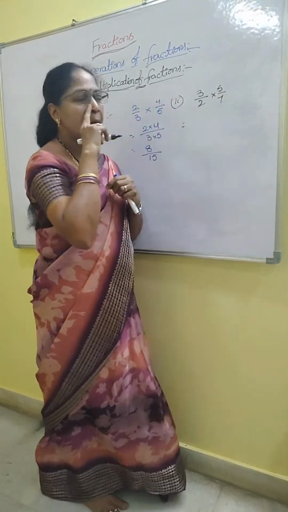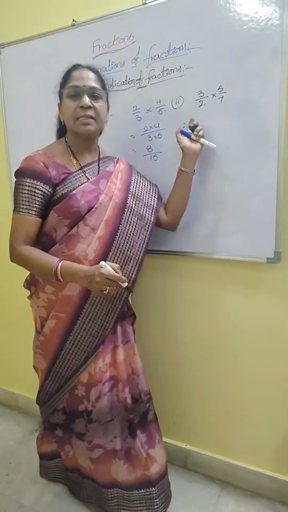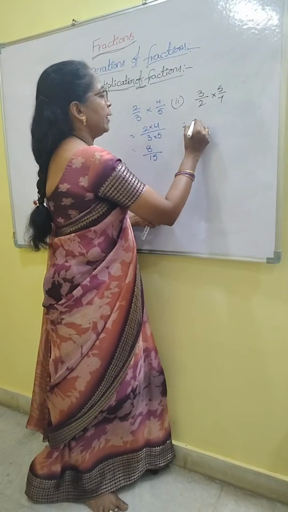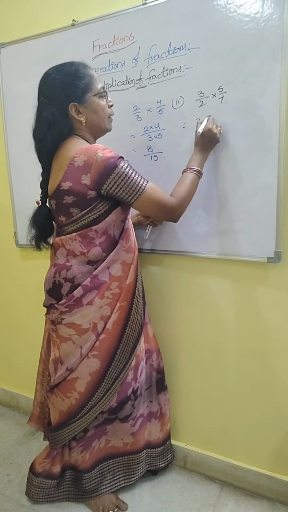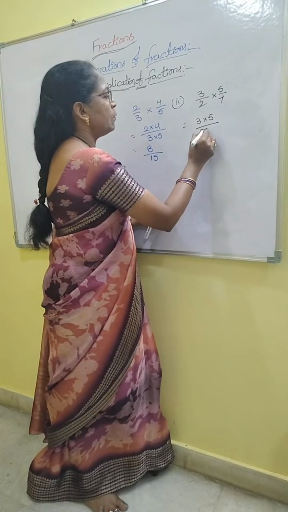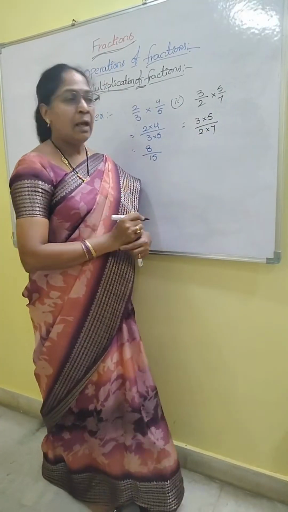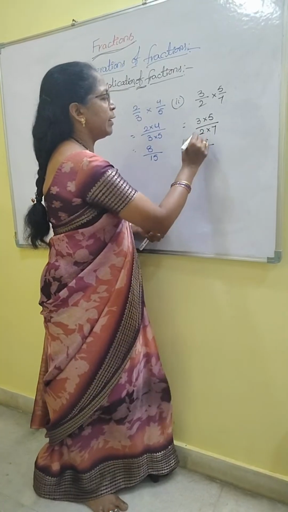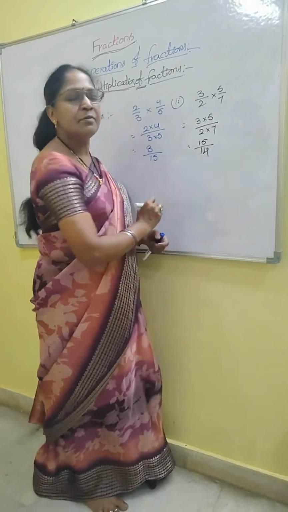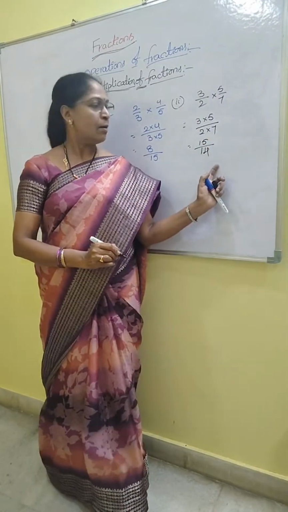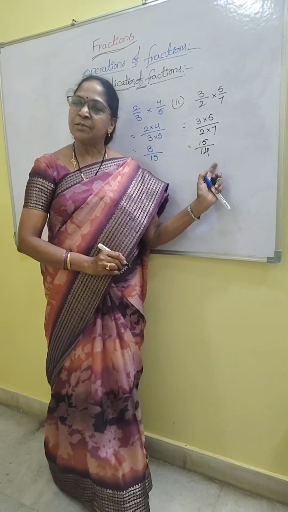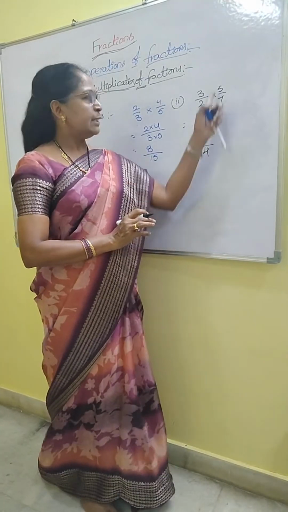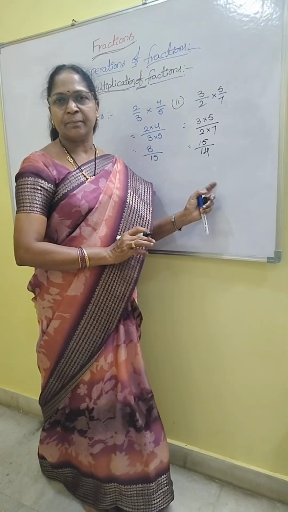Numerators should multiply, as well as denominators together should multiply. Now 3 into 5. Multiplication is very easy. This is the basic procedure.